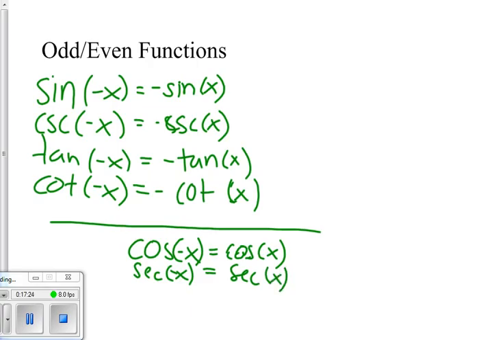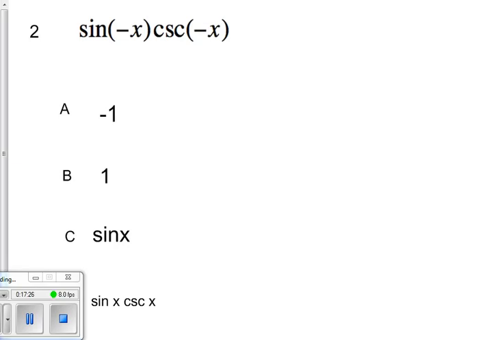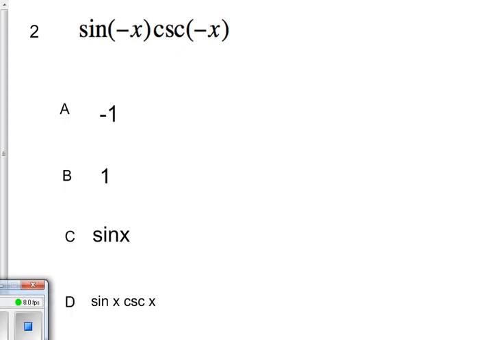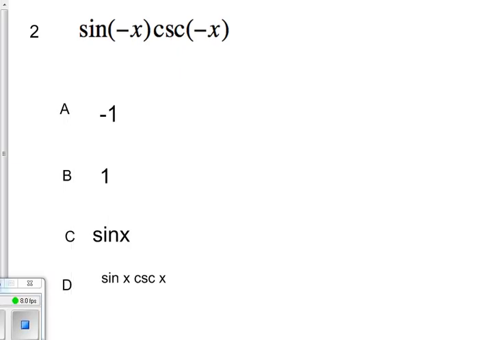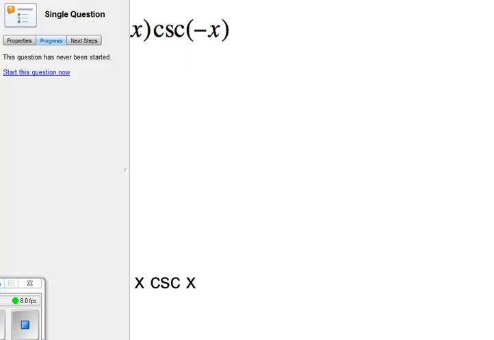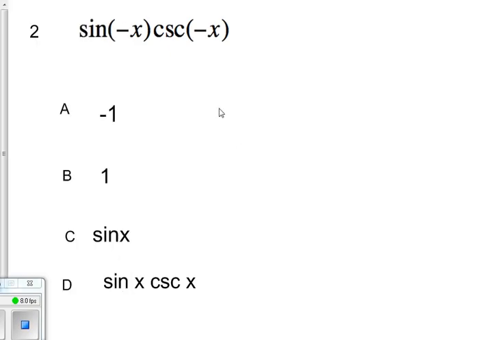Oh, wait. Another one. Yes, the recording's kind of covering it down there. Oops, didn't freeze.